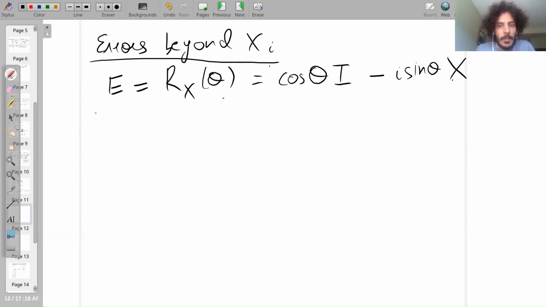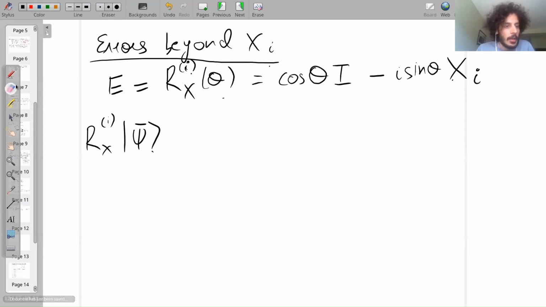So you can see that I can put an I here to indicate on which qubit this is acting. So we can think, for example, what happens if I do Rx I on my psi bar, and let's do it on the 0th qubit.